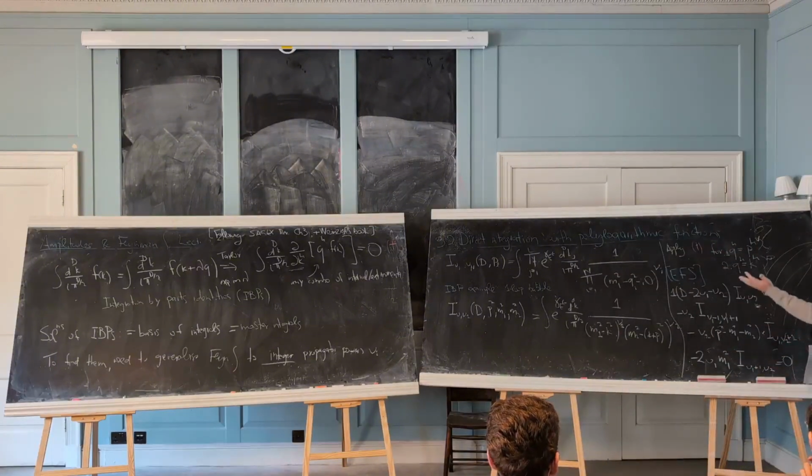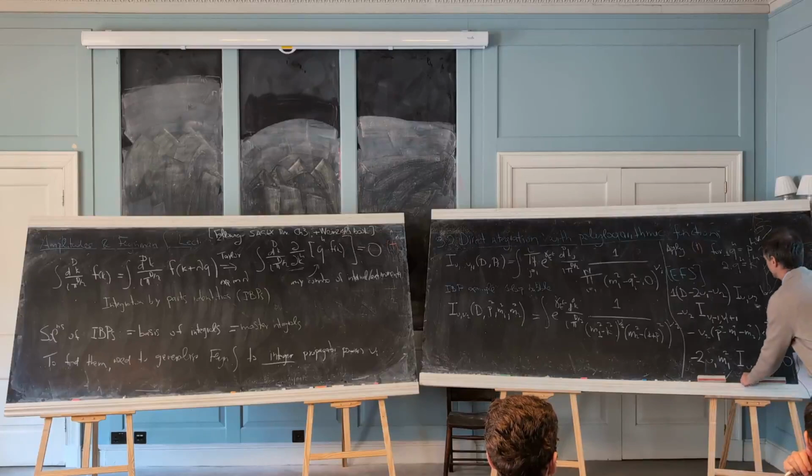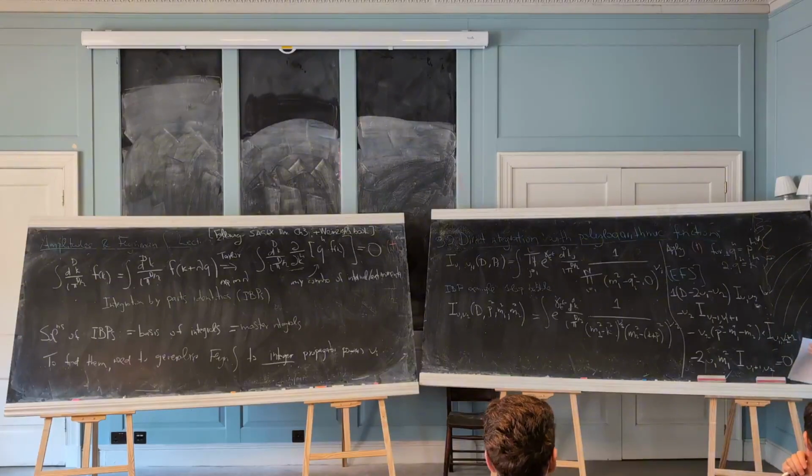But the important thing to keep is that integration by parts identities evidently change the indices. That's why you need to generalize them in order to be able to solve the identities. And then similarly, I would not write down the second equation, but it follows in a similar manner.